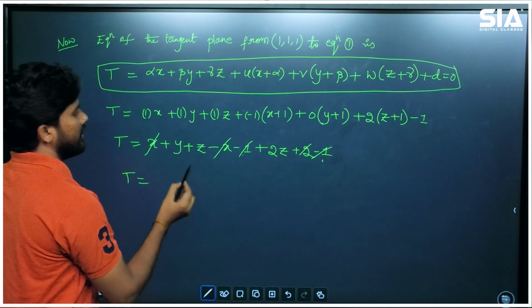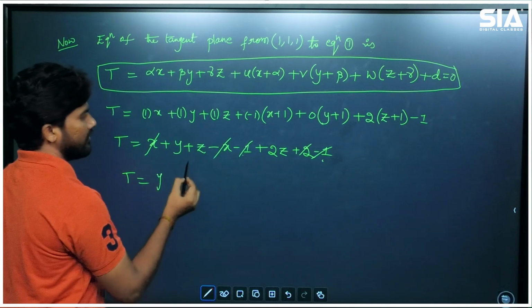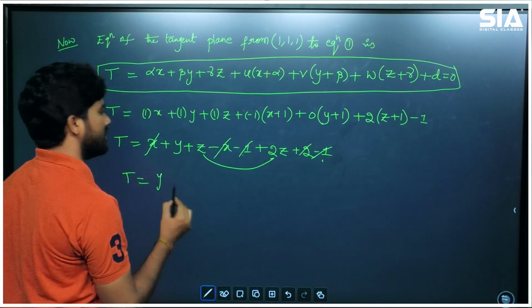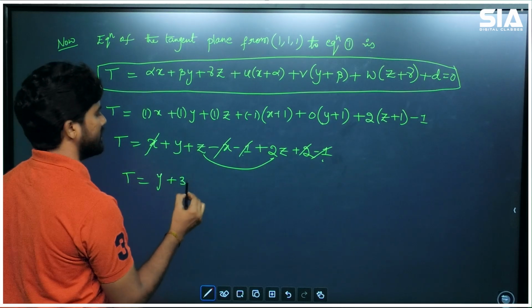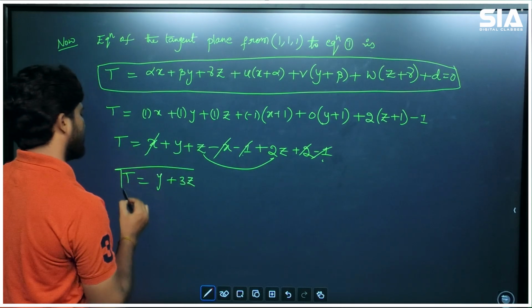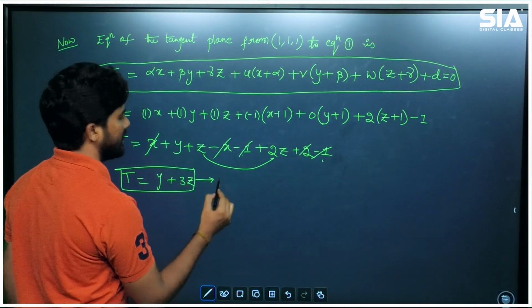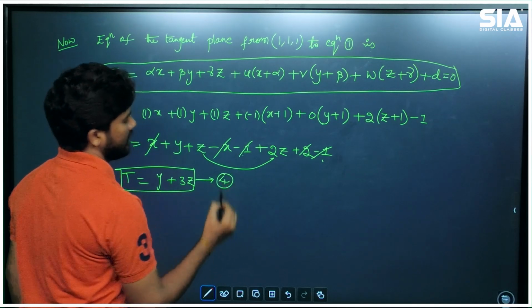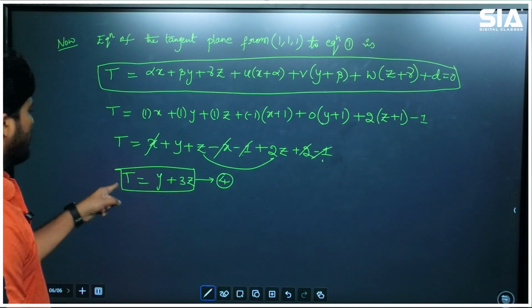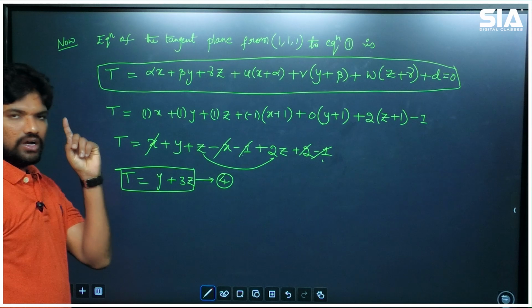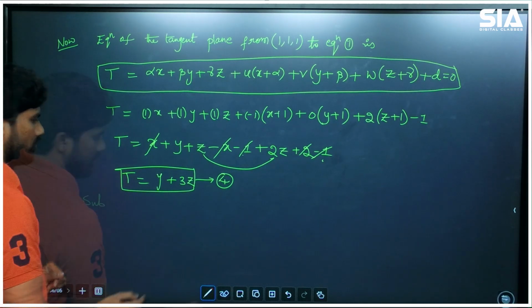Then what are the remaining values? y is remaining, and z plus 2z, which is 3z. This is the capital T value. So take it as equation number 4. So now we have equation number 3 and equation number 4.